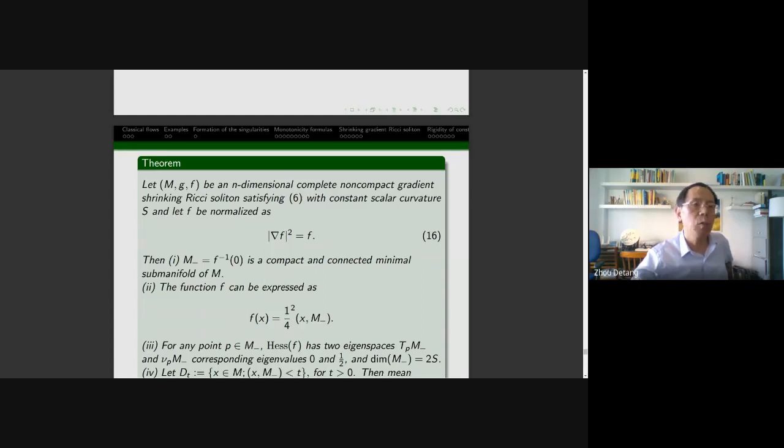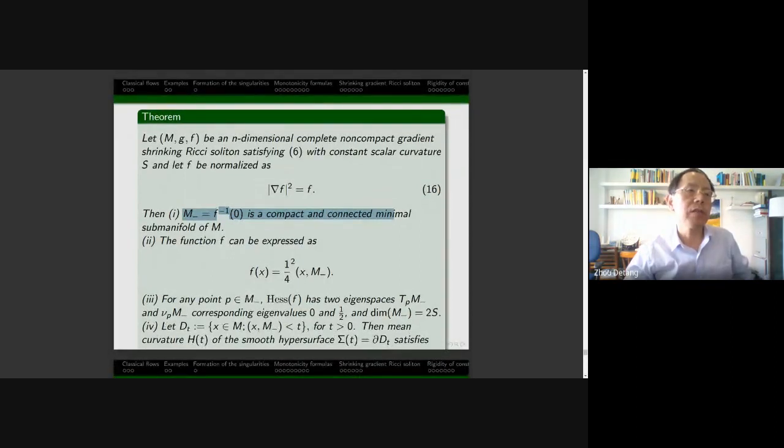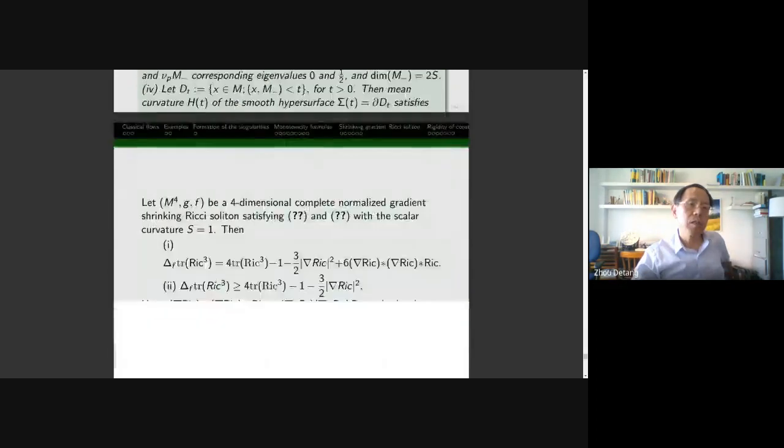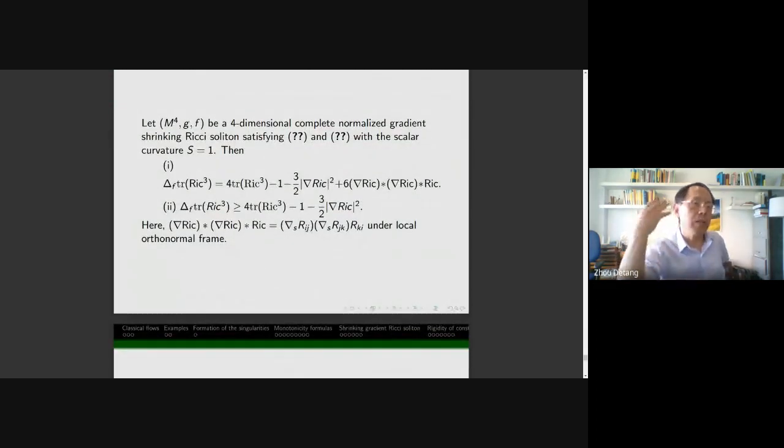So you only have one focal point, one focal manifold, which is connected and minimal. You can write down the potential function with the distance function to the focal manifold. Also, you can characterize the level set of the potential function. The level set has dimension 3.